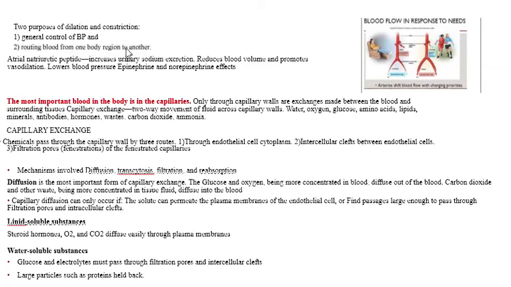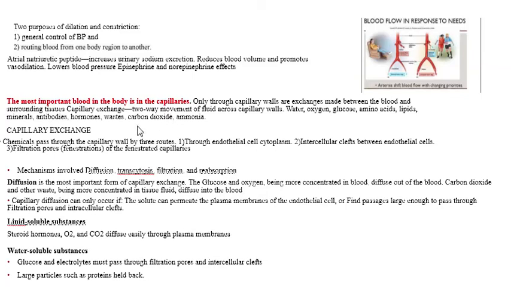Okay, the most important blood in the body is in the capillaries. The capillaries are the site for tissue nutrition and the exchange area for oxygen and CO2. Through the capillary wall, exchange is made between them, and you already know about this.